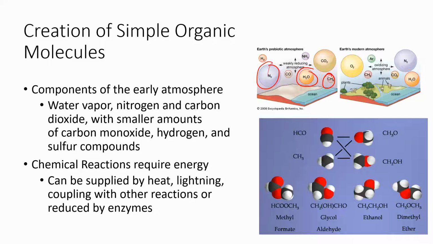For example, there was ammonia in the early atmosphere, there was carbon monoxide, there was hydrogen gas, and then also there was a much larger amount of carbon dioxide. This is dramatically different from the current mix of gases that we have in the air today.